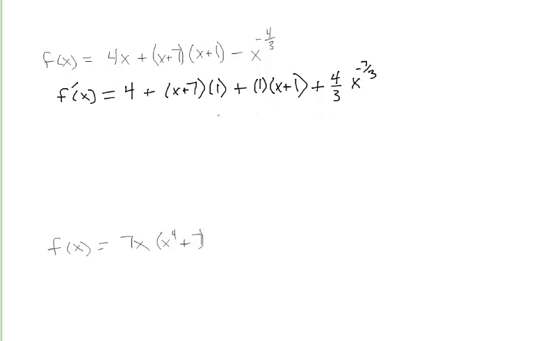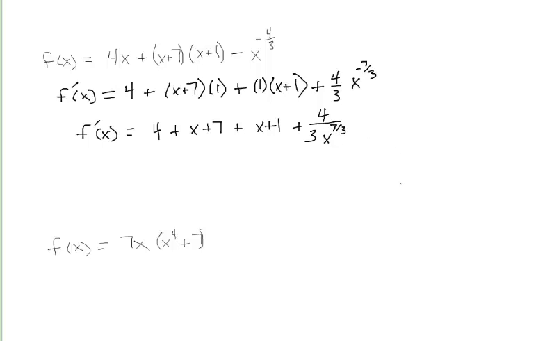And now I'm going to rewrite this with all my exponents being positive. So f prime of x is equal to 4 plus (x plus 7) plus (x plus 1) plus 4 over 3x to the 7/3.